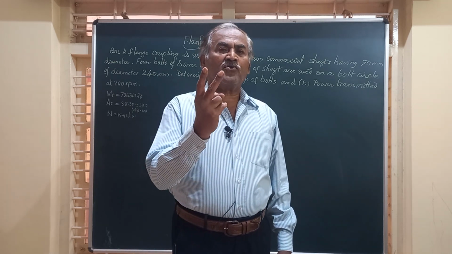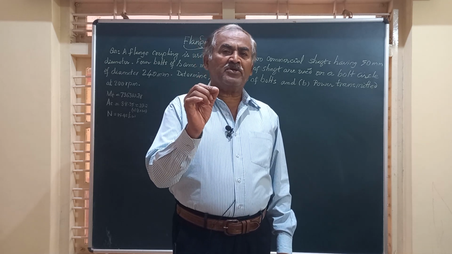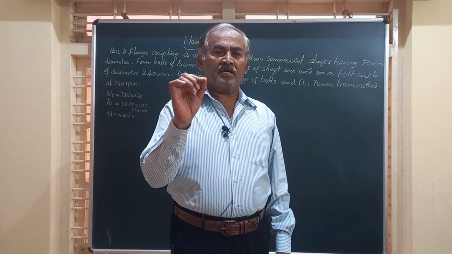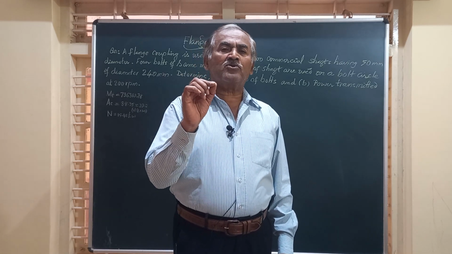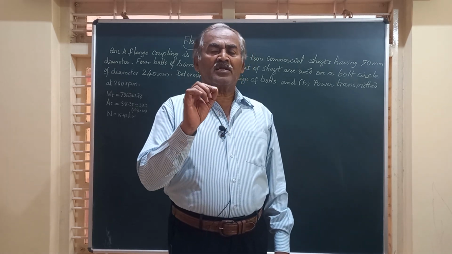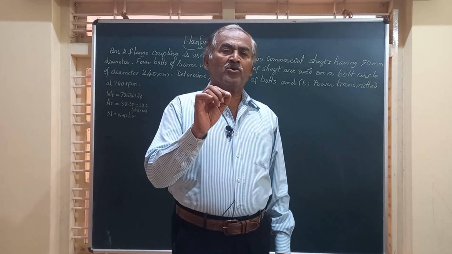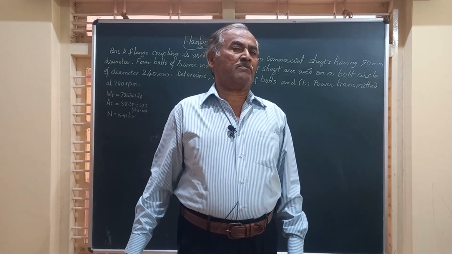Then there are two formulae to find out the torque transmitted by the key in shear and compression, and a formula to find out the size of the bolts, and another formula to find out the dimensions of the flanges used in the coupling.